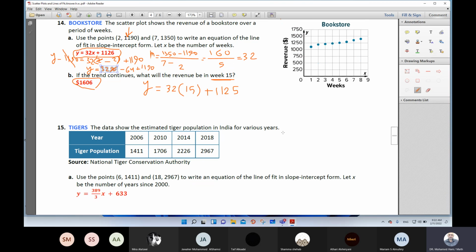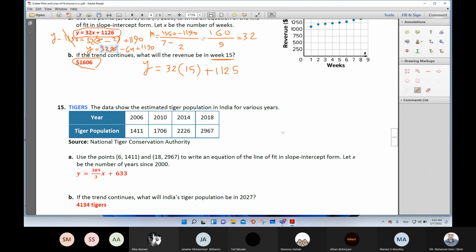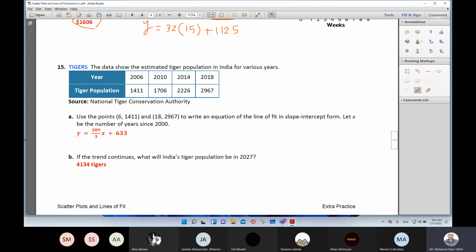If we have the table, population, here we have the first column, the number of years, start from 2006 to 2019, and here tiger population.